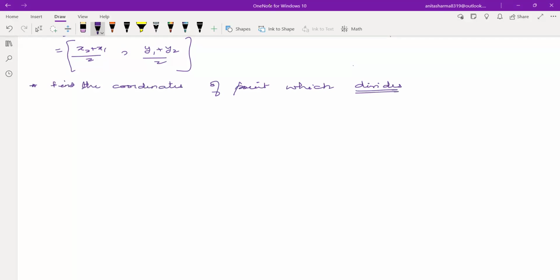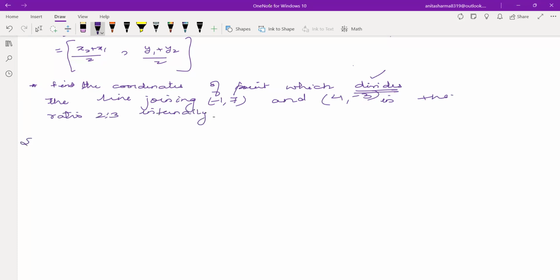If this word "divides" came in your question, it means you need to apply the section formula. Divides the line joining (-1, 7) and (4, -3) in the ratio 2:3 internally.